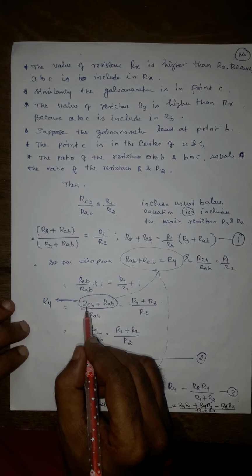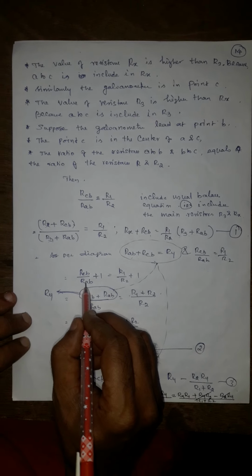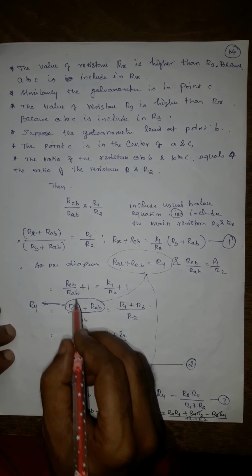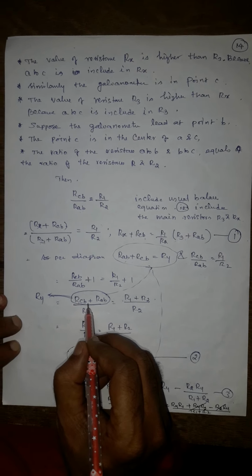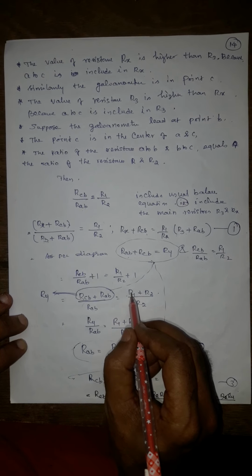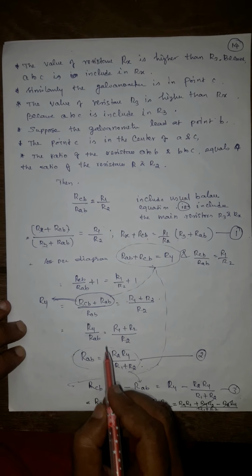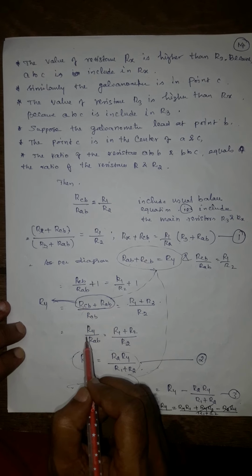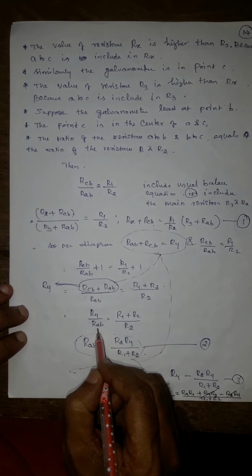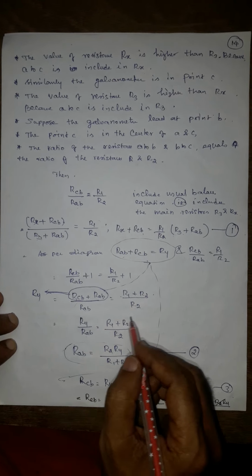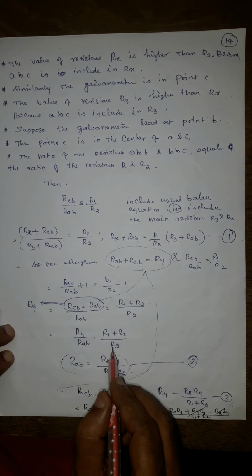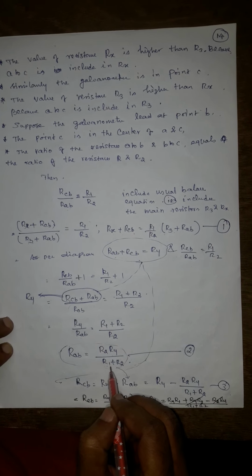Taking LCM, we get RCB plus RAB divided by RAB equals R1 plus R2 divided by R2. Since RCB plus RAB equals Ry, we can put Ry divided by RAB equal to the same value. Cross multiplying, RAB equals R2 into Ry divided by R1 plus R2.